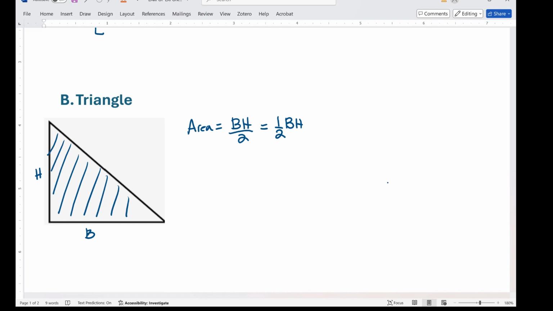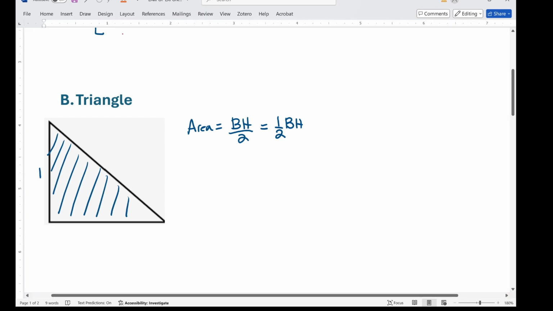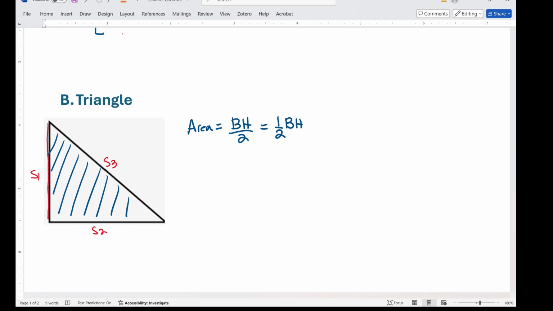Now, the perimeter of a triangle is the same. Okay, it's a distance around the shape. So for now, I'm going to erase this. I'm going to label this as my side 1, side 2, and side 3. So the perimeter of a triangle is this side plus this side plus this side.